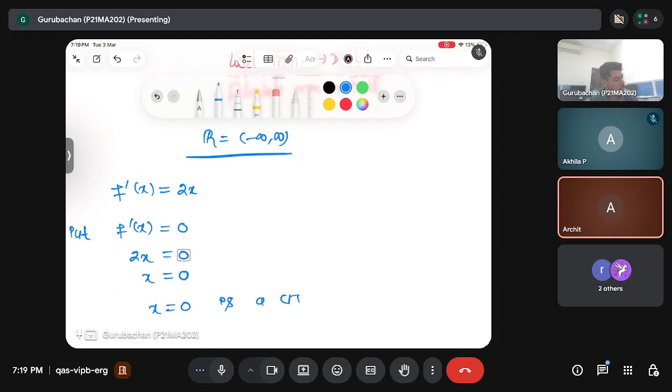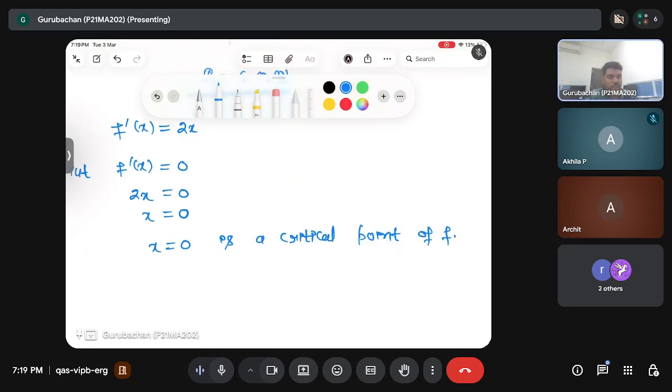Is there any point where the function is not defined? No, the function is defined on R. So there is only one critical point, that is 0.